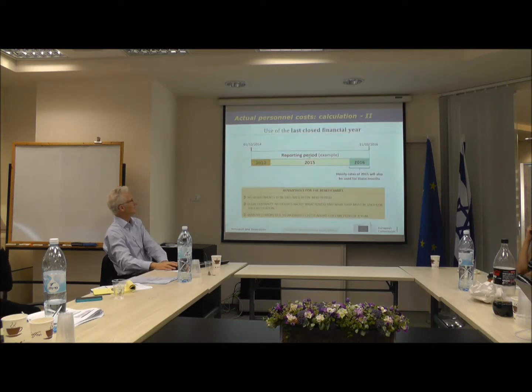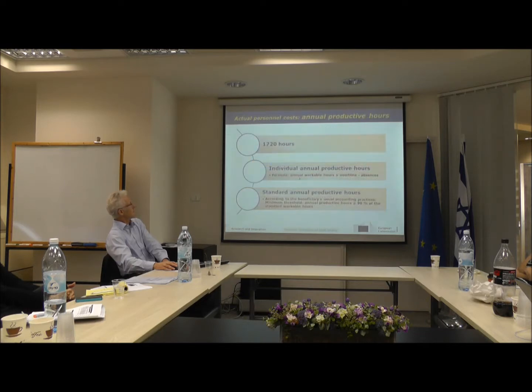This is the example. You have a reporting period of 18 months, which covers part of 2014, 15 and 16. You have the closed financial year here and here, and there are a few months in 2016 where you don't yet have the data, and then you use the hourly rate that you calculated for the previous year.